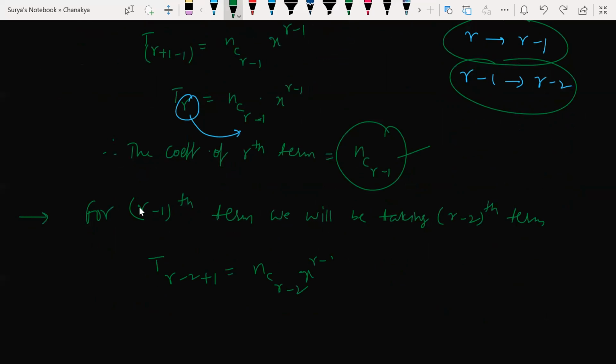I'm using the general formula everywhere. So T(r minus 2 plus 1), how much? r minus 1. T(r minus 1) is equal to nC(r minus 2) into x to the power of r minus 2.